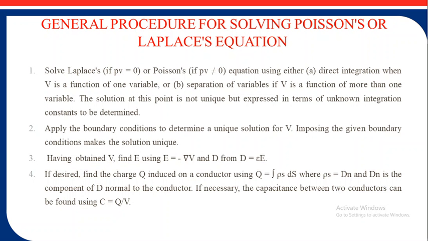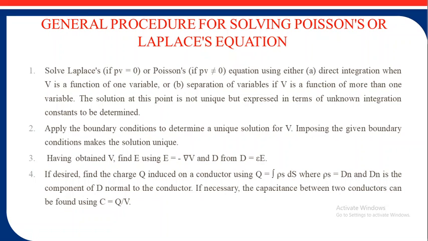Now we see the general procedure for solving Poisson's or Laplace equation. Step number one, solve the Laplace or Poisson's equation. If rho v equals 0, it is Laplace, and if rho v is not equal to 0, then we go for Poisson's equation.